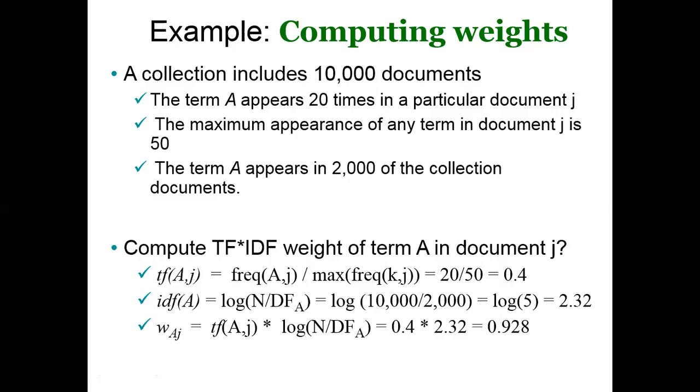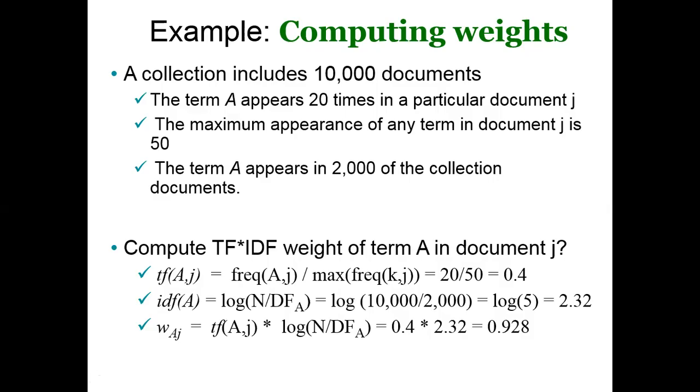Then what about TF-IDF? Multiply the normalized term frequency of A in document J with the inverse document frequency of term A. That means 0.4 times 2.32. So in general terms, term A is important for representing document J with 0.928 weight.